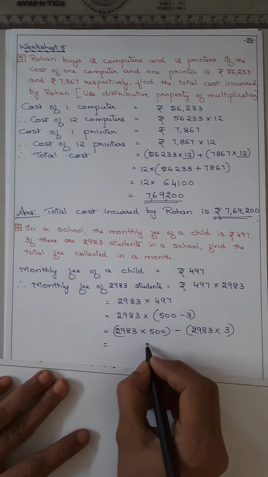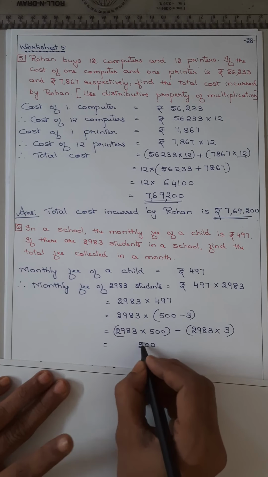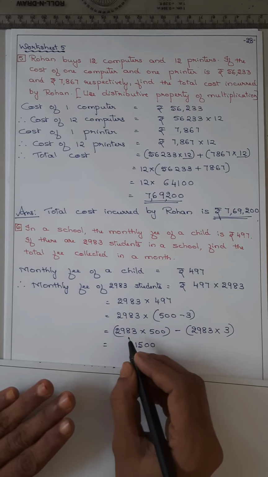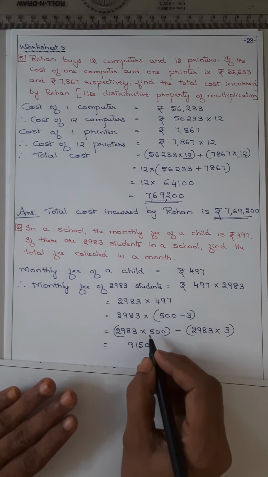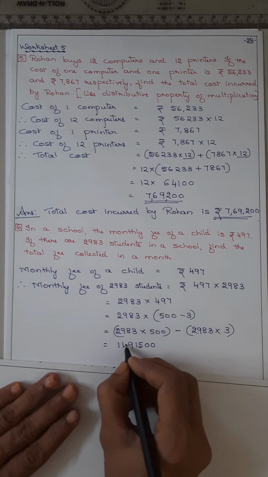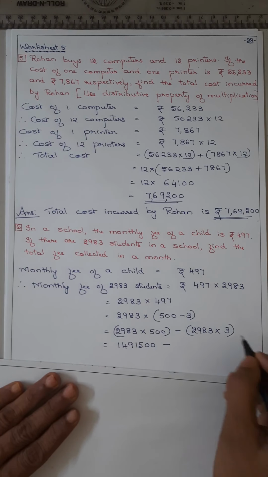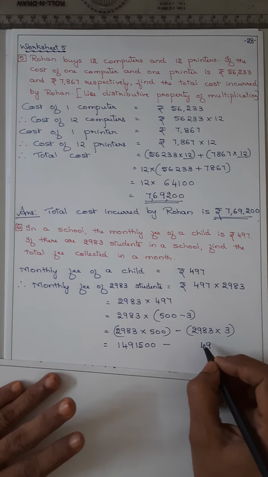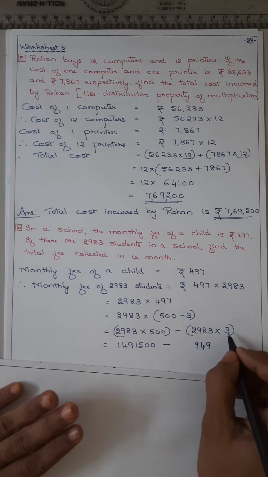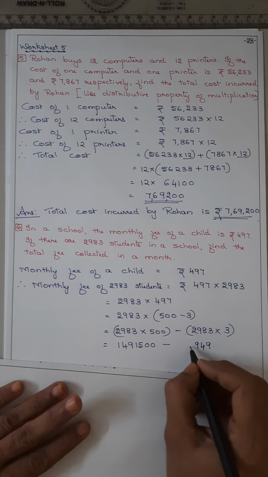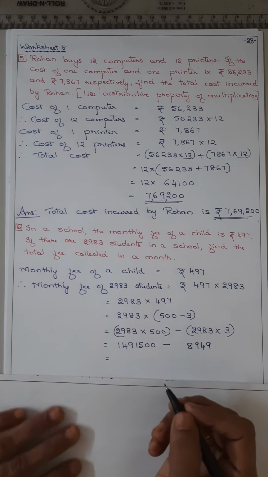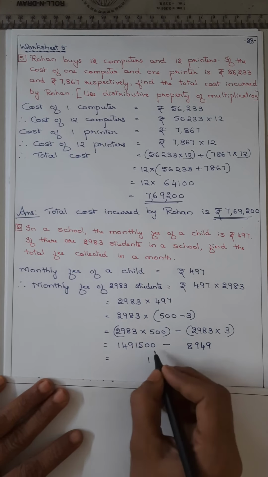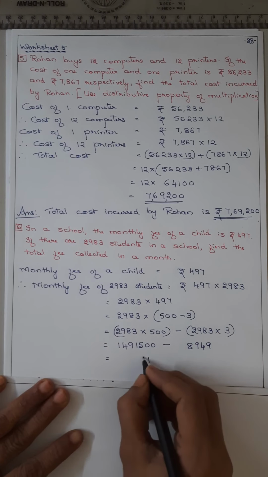Now 2 zeros, 5 threes are 15, 5 eights are 40, 41, 5 nines are 45 plus 4, 49, 5 twos are 10, 14. Minus 3 threes are 9, 3 eights are 24, 3 nines are 27, 28, 29, 3 twos are 6, 7, 8. Now subtract. 0 means 10 minus 9 is 1. 9 minus 4 is 5.